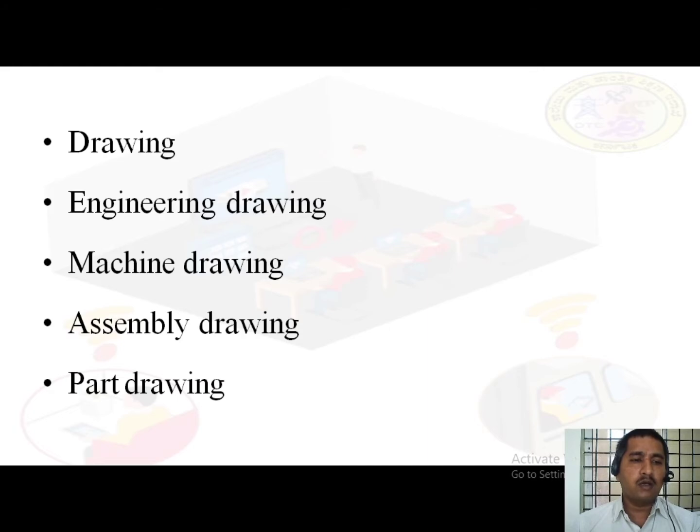Next, part drawing. A component or part drawing is a detailed drawing of a component to facilitate its manufacturing. A part drawing with production details is rightly called a production drawing or working drawing.